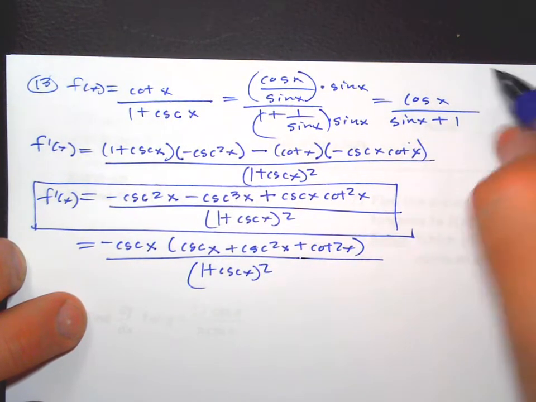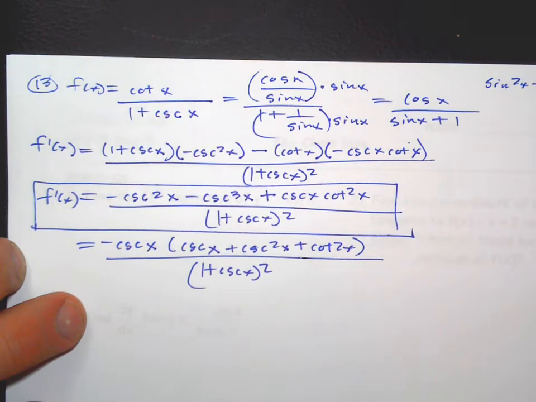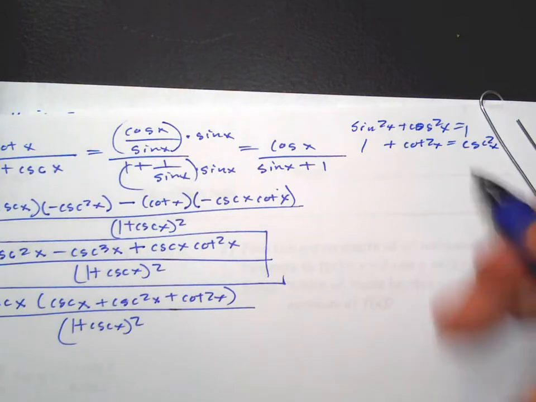And so these trig identities: sine squared plus cosine squared equals 1. Divide everything by sine to get 1 plus cotangent squared equals cosecant squared.